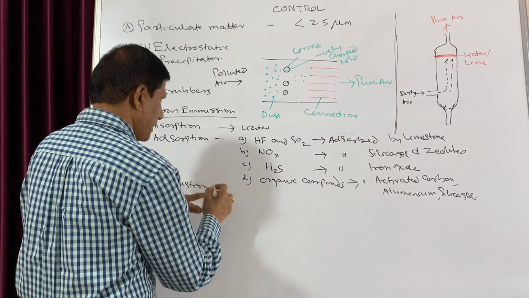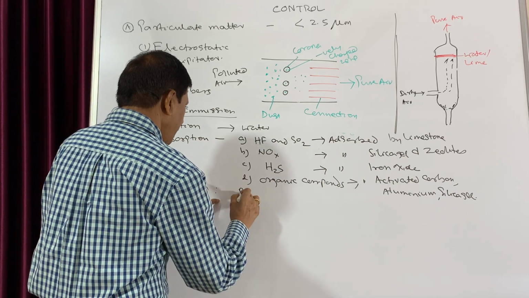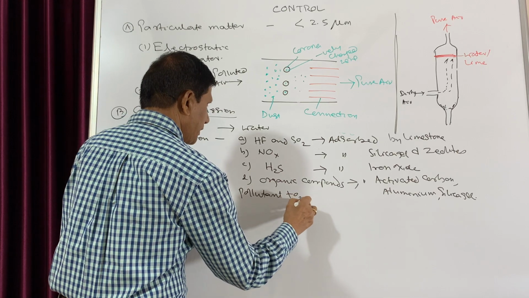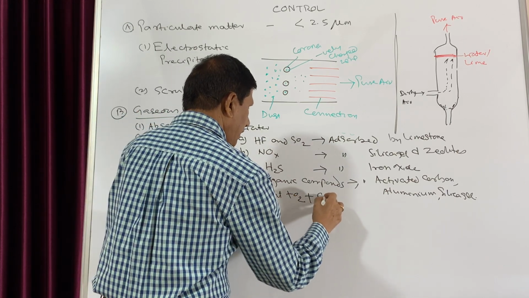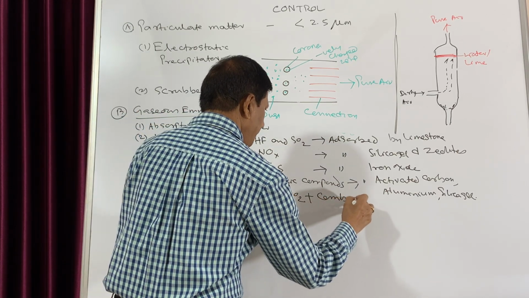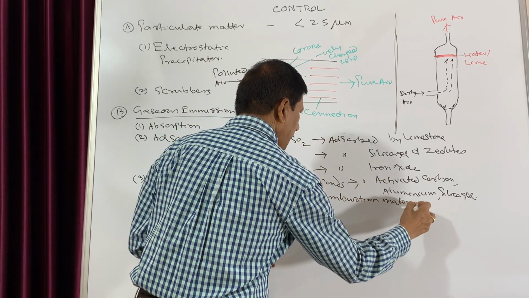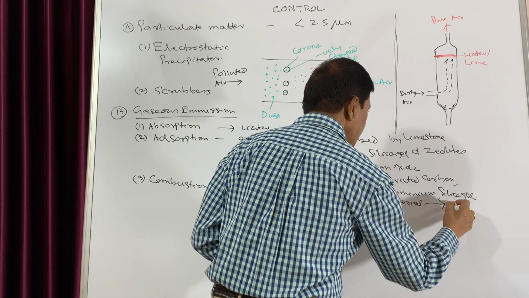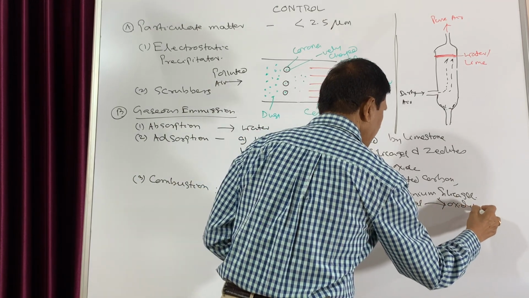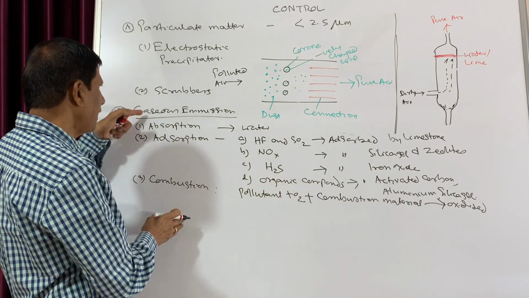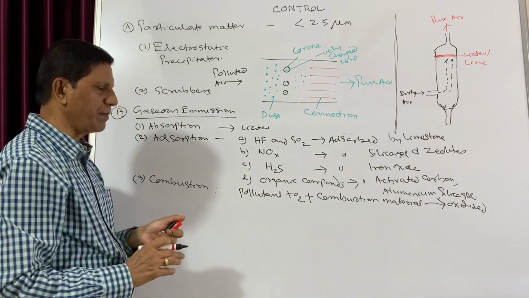That means in combustion, the pollutant will combine with atmospheric oxygen plus certain combustion material. So in that case, it will be completely oxidized, and there is no question of any pollutant. So these are for gaseous emissions, and the earlier ones are for particulate matter.